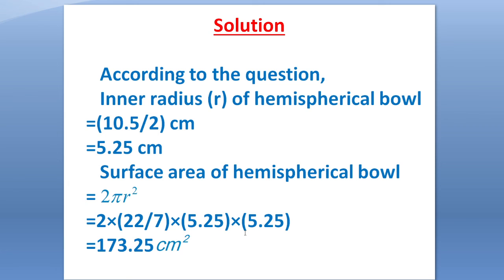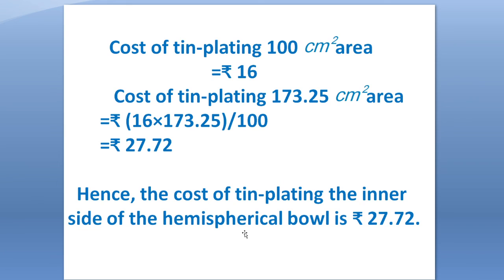So it is equal to 173.25 centimeters square. Now cost of tin plating 100 centimeters square area is rupees 16.